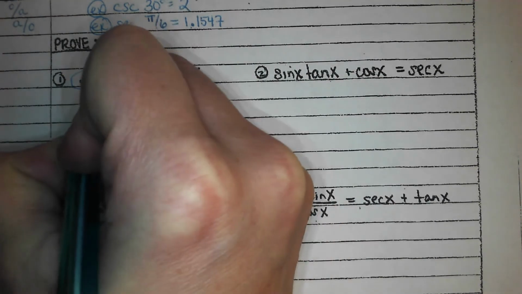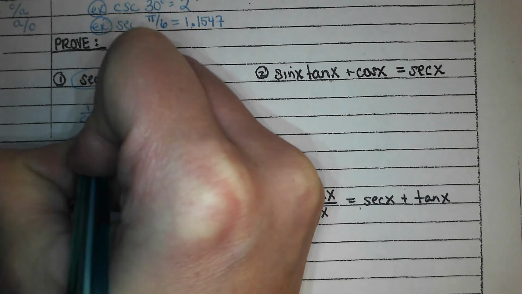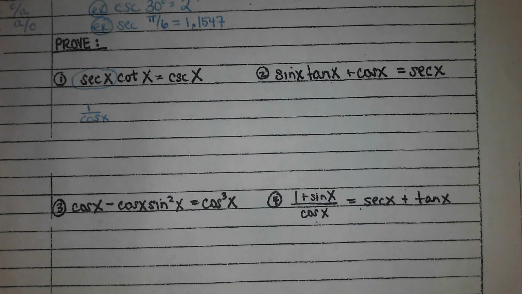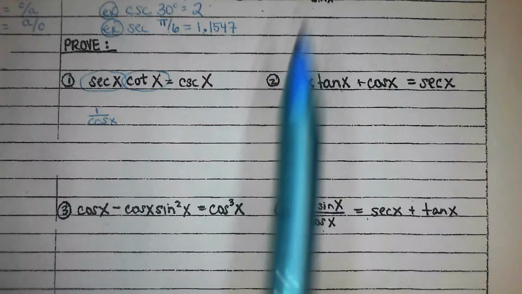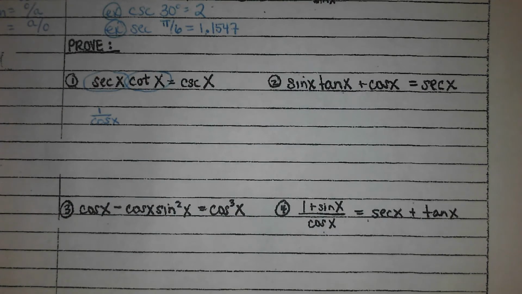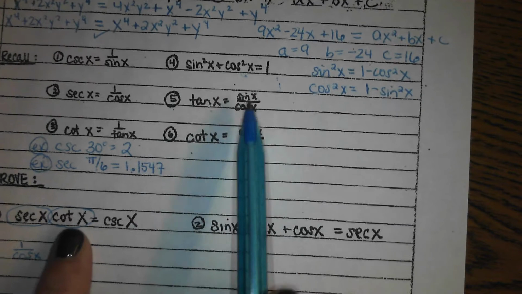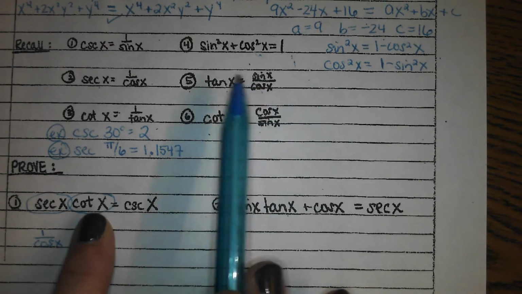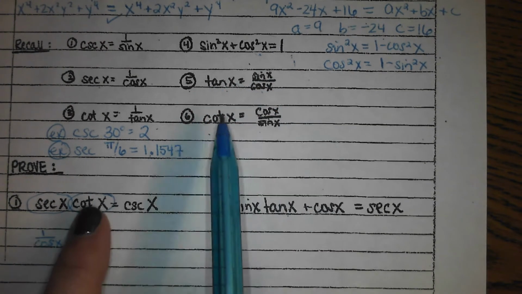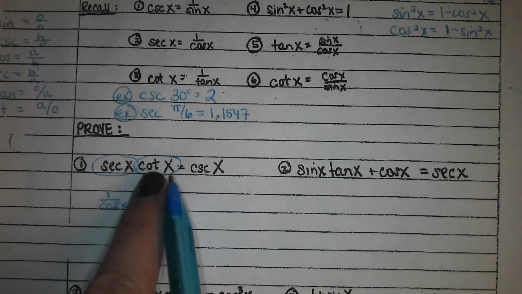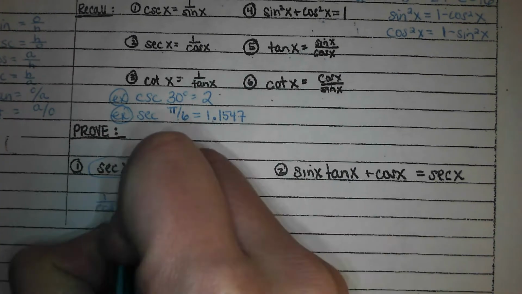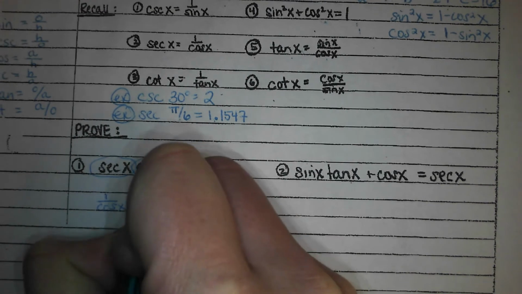So I'm going to change that into 1 over the cosine of x. Now, cotangent is the reciprocal of tangent, but remember, I want to change everything to sines and cosines. So if tangent was sine over cosine, which is something you should have memorized, then cotangent is cosine over sine. Yes? So I'm going to take out the cotangent and replace it with a cosine over a sine.